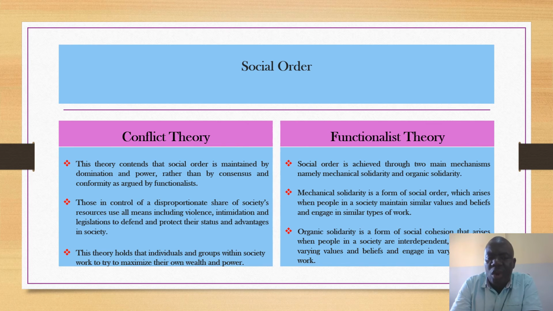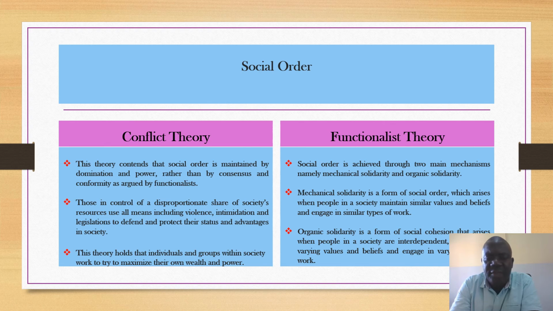So that the order that we see in society, according to conflict theory, it is not a product of understanding or voluntary participation of members of the community, but rather a product of coercion, a product of force, and a product of intimidation that the ruling class or the rich or the bourgeoisies subject their poor counterpart to.